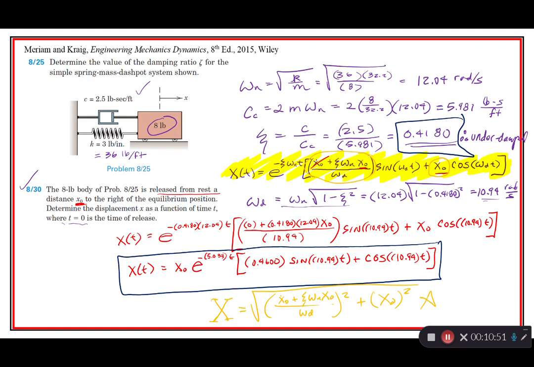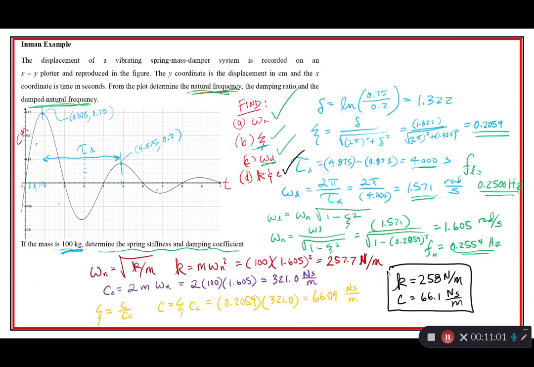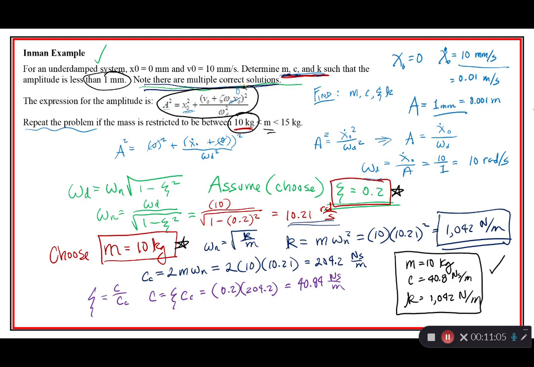Consider this equation that we've used from up here. That's going to be the magnitude of this thing, and that is the same equation as this right here. Their zeta looks different than my zeta, but it is still zeta, or xi.